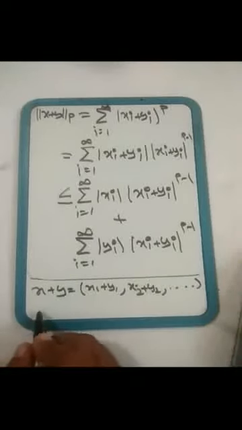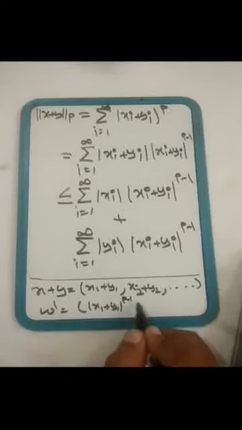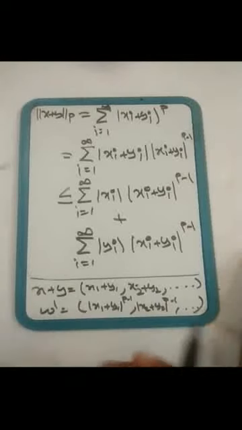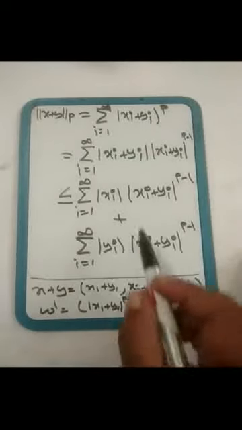So the w term also here, considering mod of x1 plus y1, its p minus 1th power, mod of x2 plus y2, its p minus 1th power. Then we have seen that this W dash belongs to LQ. Okay, this belongs to W dash, it belongs to LQ.